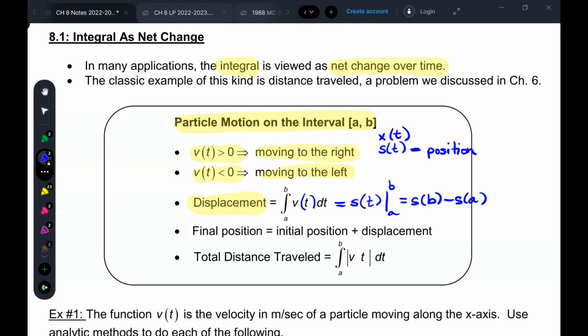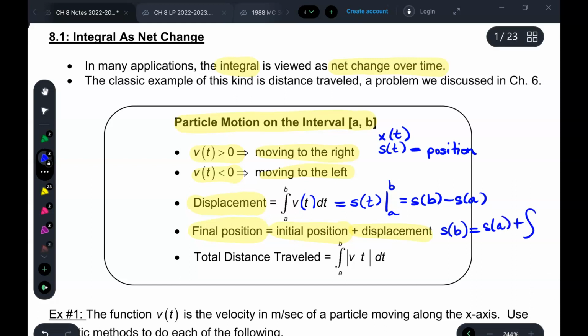Okay, final position, that's our initial position plus displacement. So I can represent this. Let's say we want to find a position at some B. If I take my initial position plus the integral, sorry, I'm running out of room here, from A to B of V of t dt.